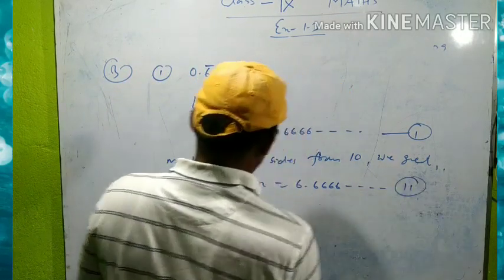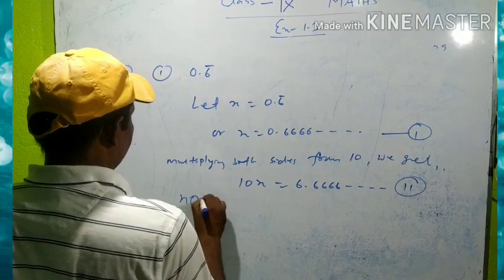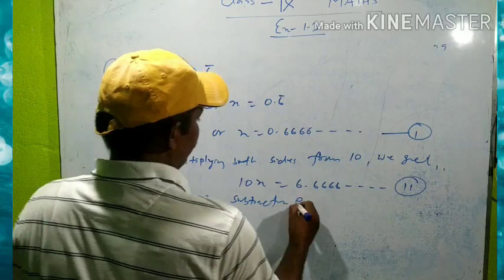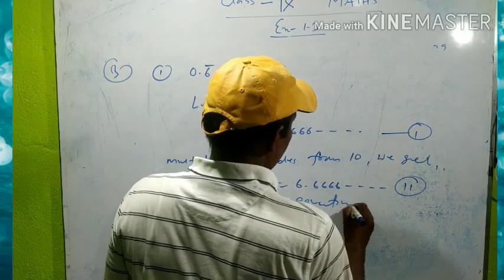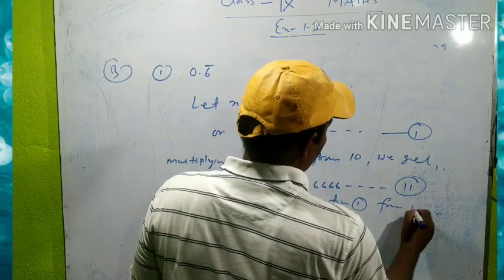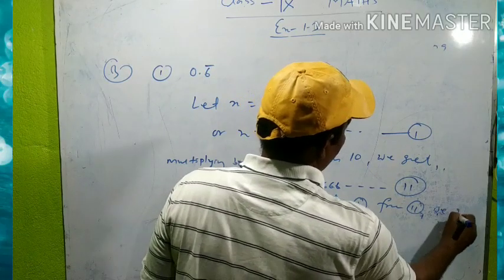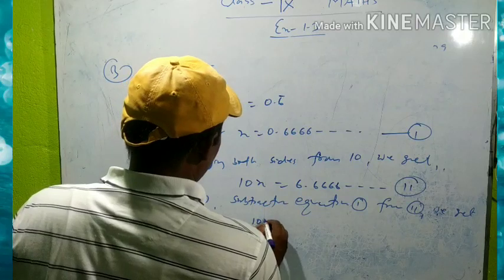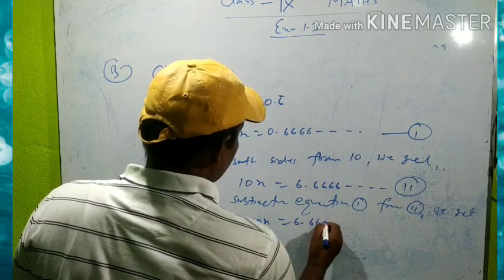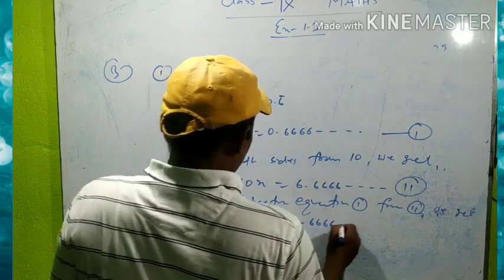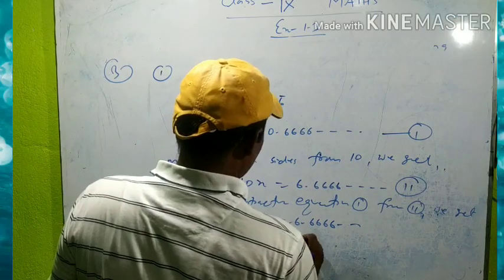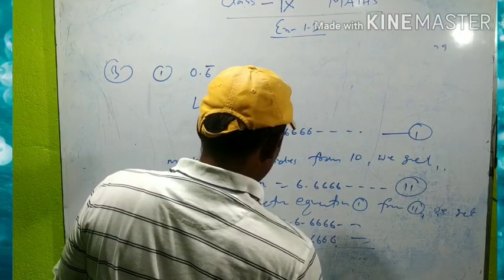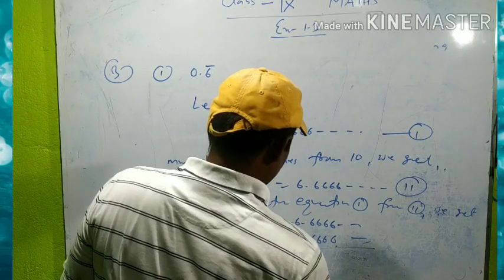Second equation. Now subtracting equation first from second we get: 10x is equal to 6.666 and x is equal to 0.666 like that. 9x is equal to, I think, 6.